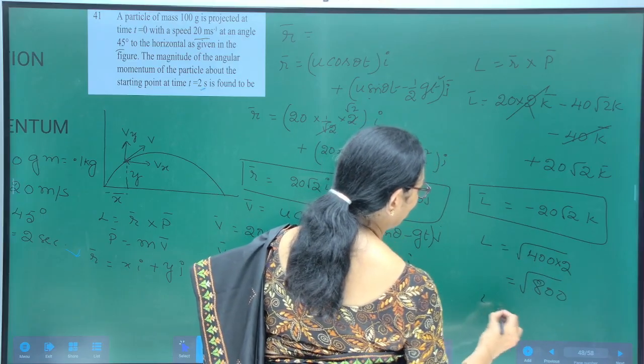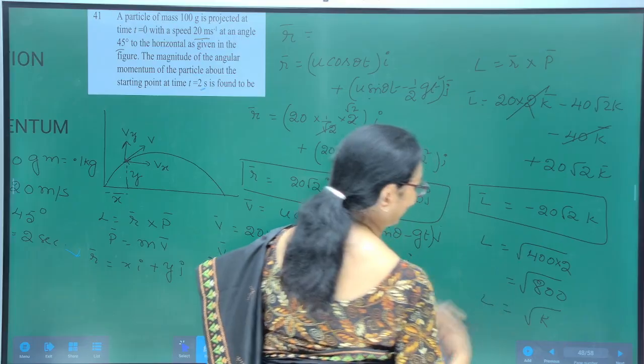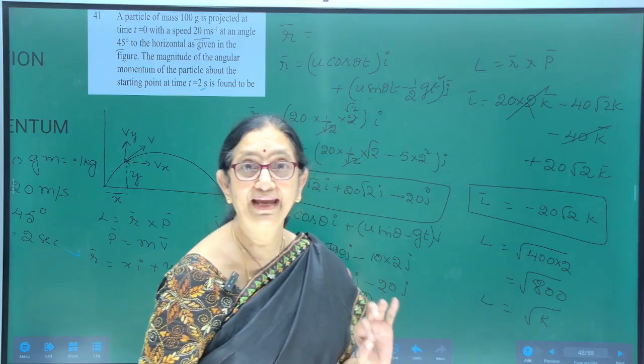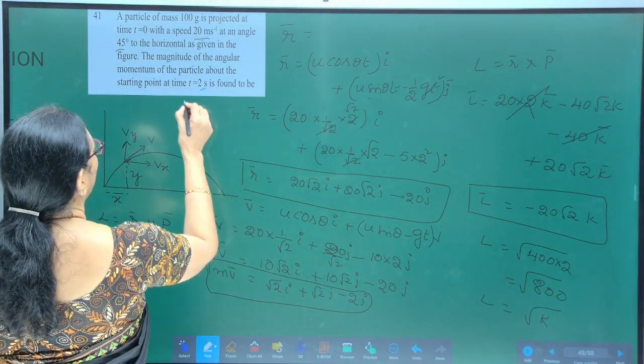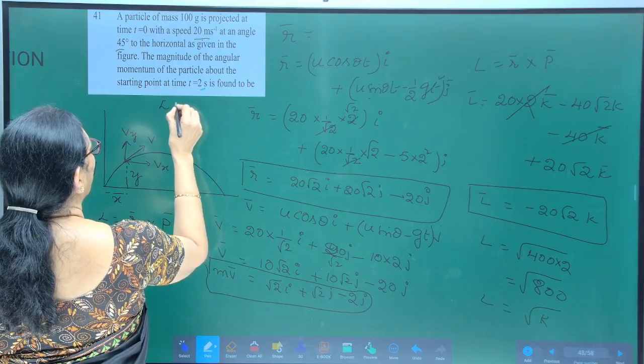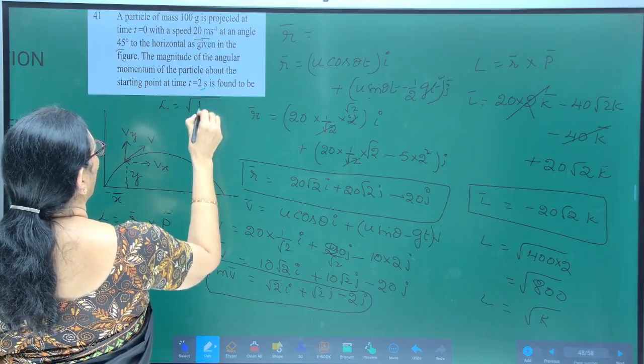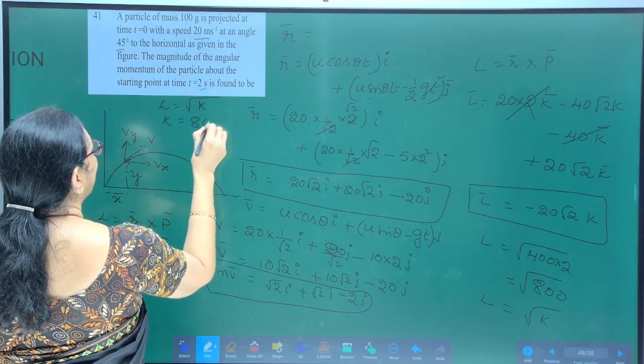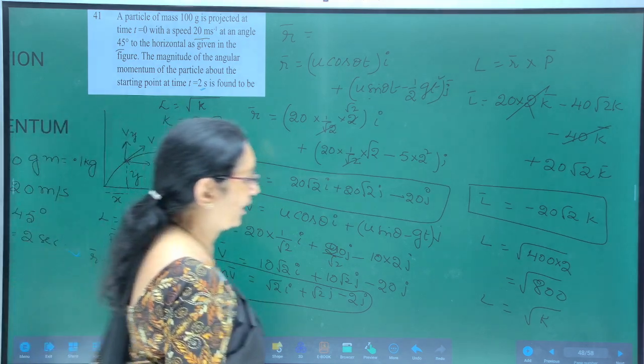So comparing these two, k value is 800. It is given in the problem on the next page as root k, where k is 800. That is the answer for the problem.